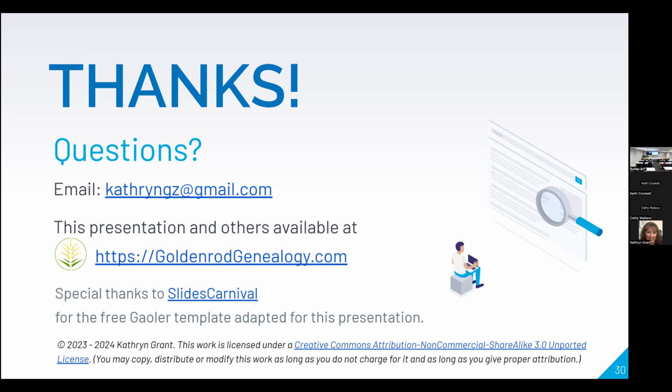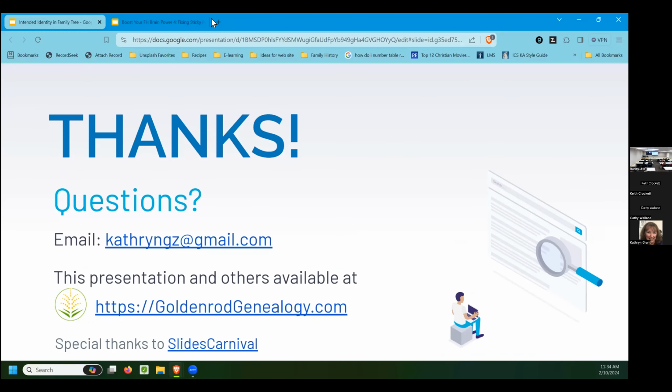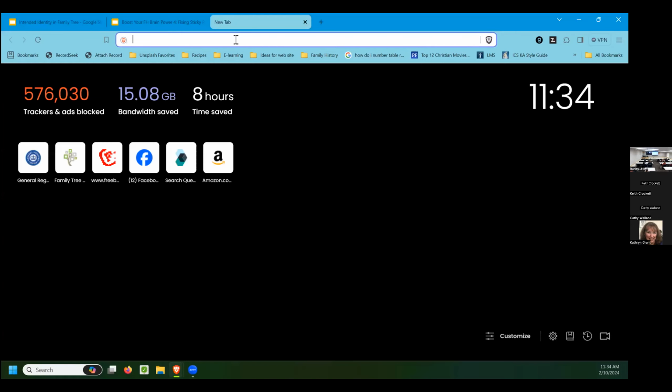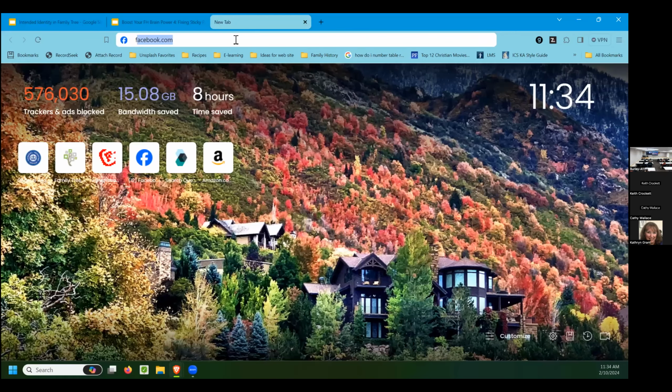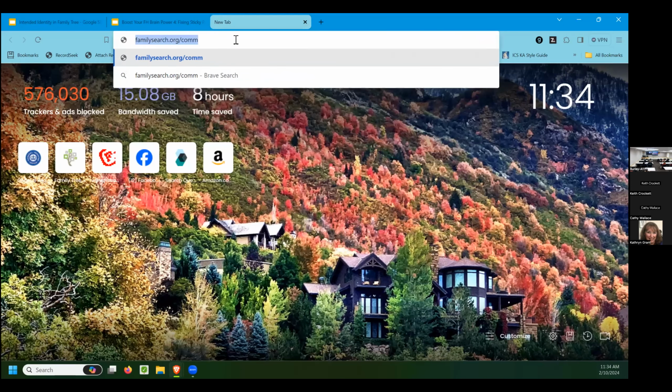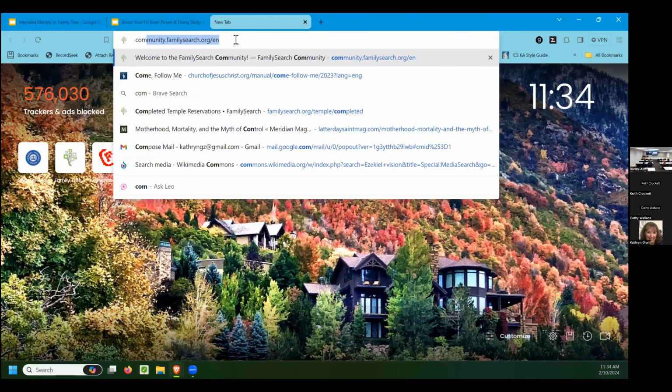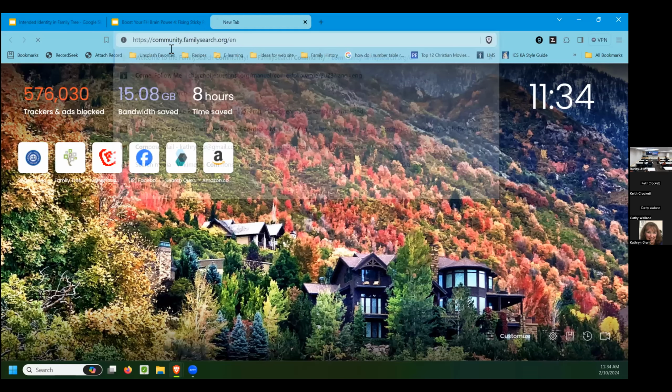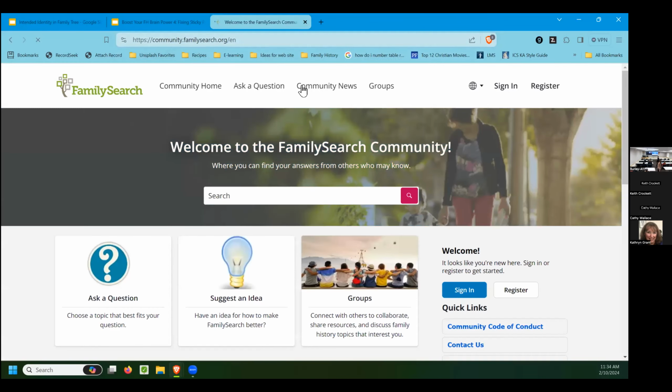And if you're not familiar with the Family Search community, let me bring it up on the screen here, just in case for those who may not have gone there. Let's see, familysearch.org, and we want community. No, I'm wrong. It's community.familysearch.org. This is a place where you can make suggestions.